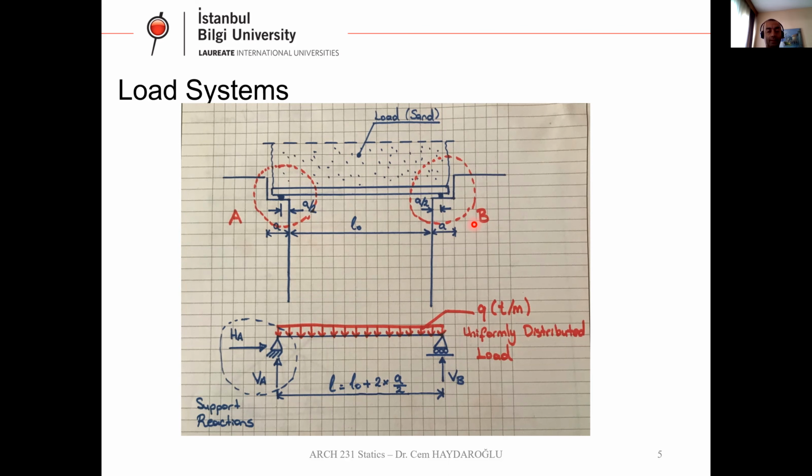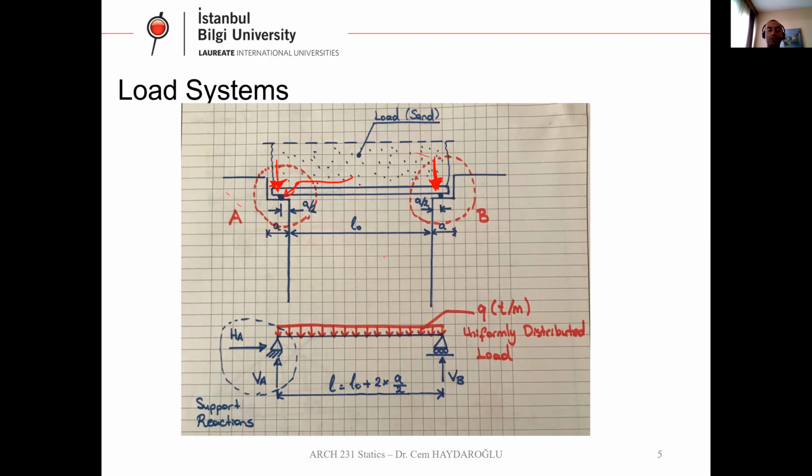To provide the equilibrium, for example, please look at the circle A at the left-hand side. The support system at the bottom gives a reaction. All the load goes from here to this point, and the other half goes from this point.